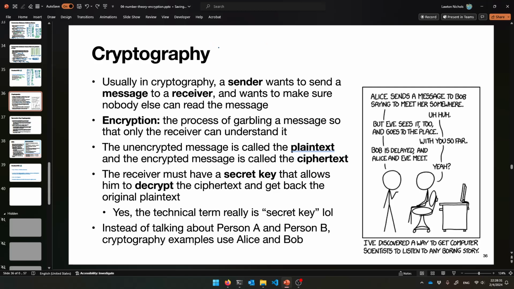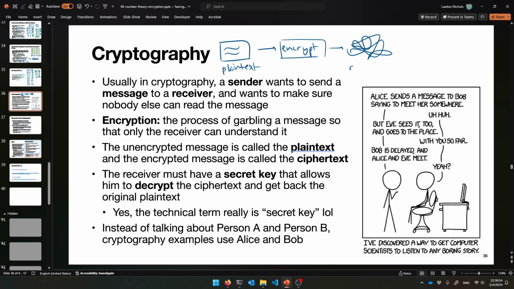Okay? So here's kind of like the setup. You're writing a letter to somebody. You're the sender. And here's your plain text. And you're going to encrypt that. All right? You're going to send it through some encryption process. You encrypt it, and there's some process that spits out the ciphertext. So that's like the garbled form of your message. All right?